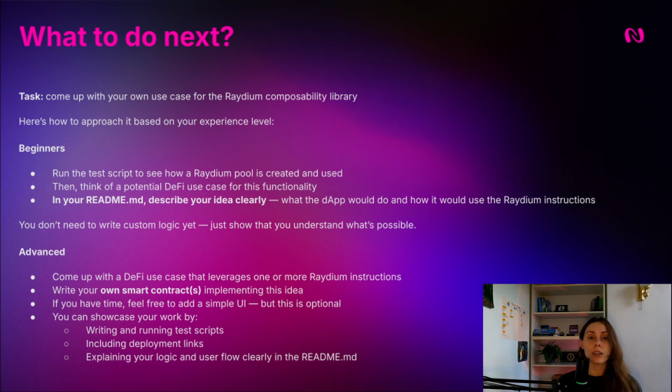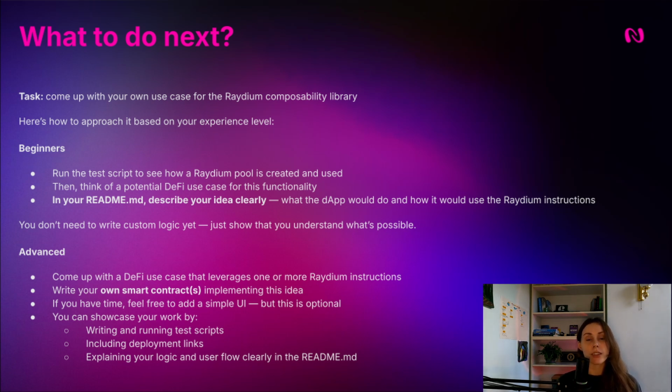If you don't feel very confident in your coding skills, you can run the test script, which you can find in this GitHub repo, to see how a Raydium pool is created and used.